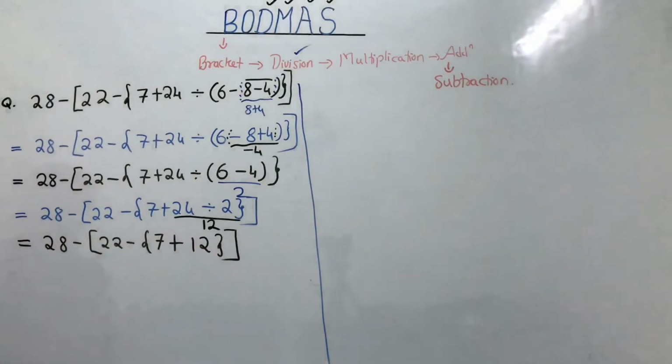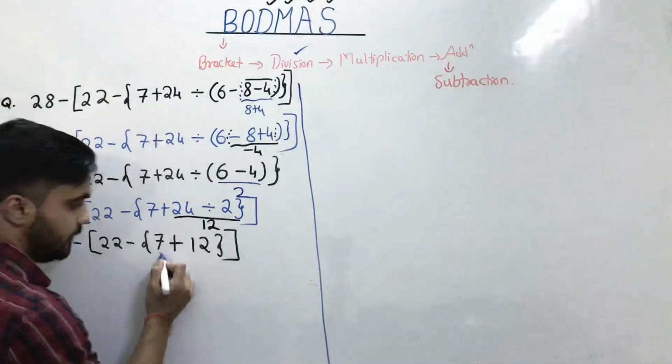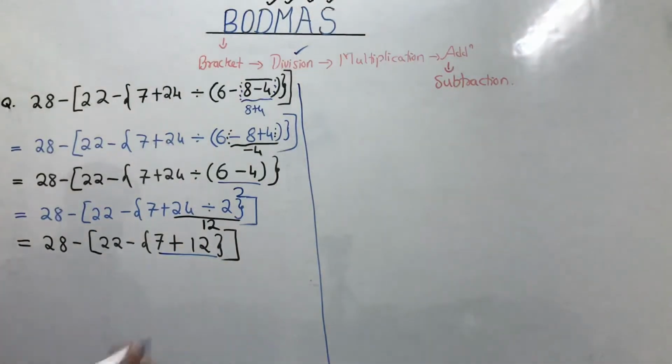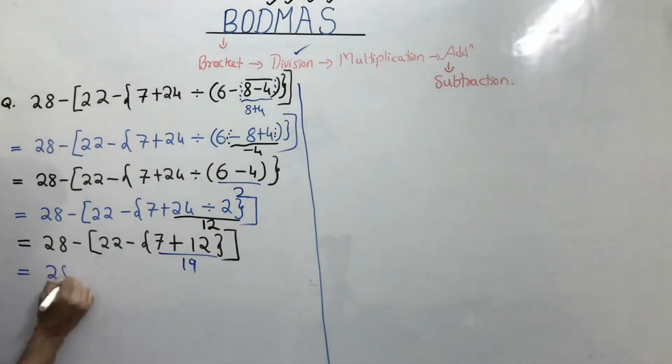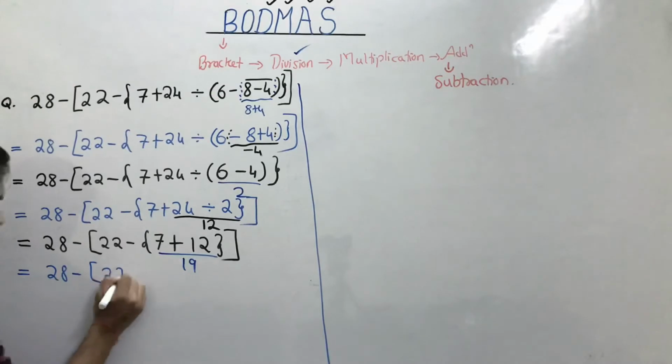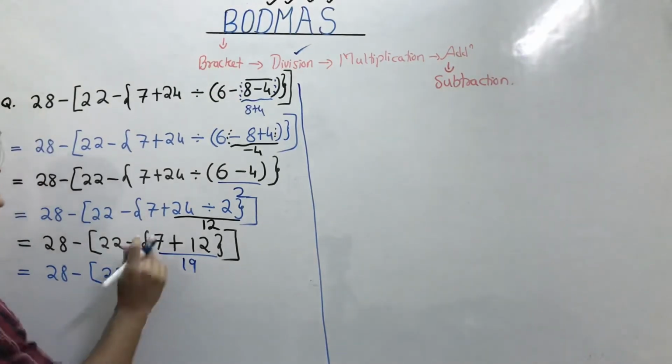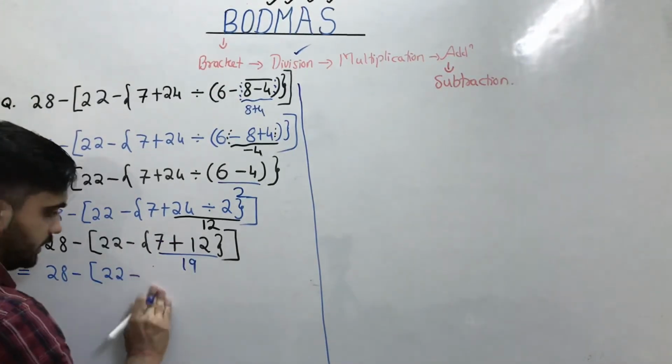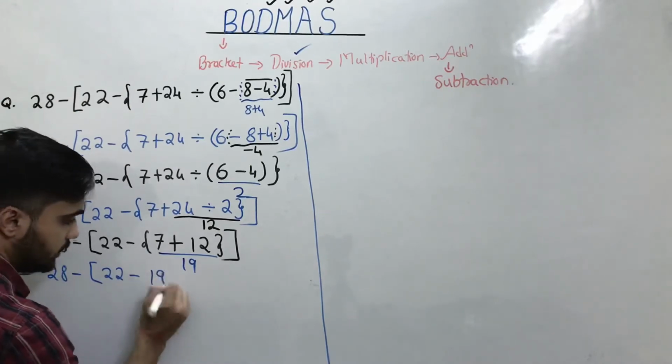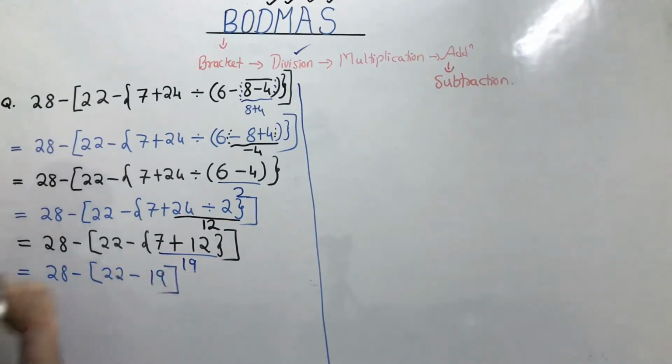Now I can go with this bracket, that is addition of 7 plus 12. So 7 plus 12 is nothing but 19. So I have 28 minus, so 22 minus this 7 plus 12. I'll write directly 19 and I can open the bracket now.